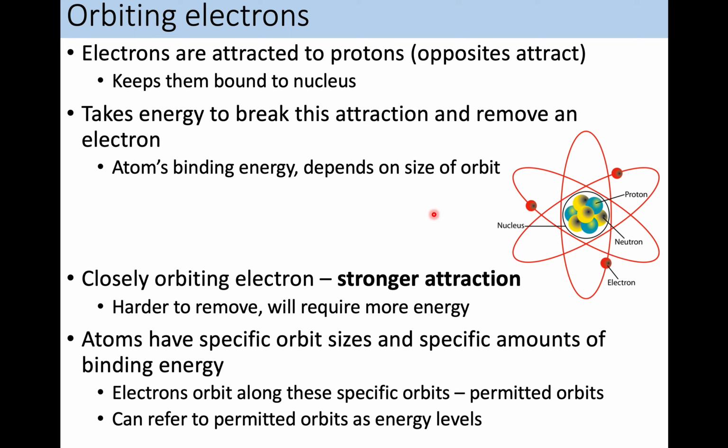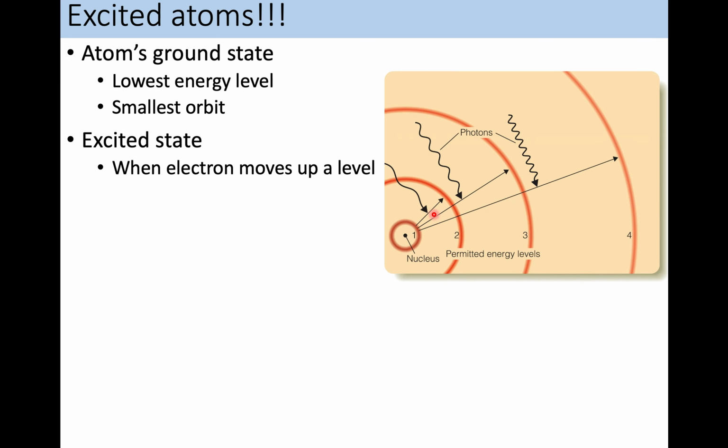We think of these permitted orbits as levels of energy, or energy levels. The closest level of orbit to the nucleus, I misspoke, is going to be the highest level of energy. As we move away from the nucleus, it's going to be lower energy levels.